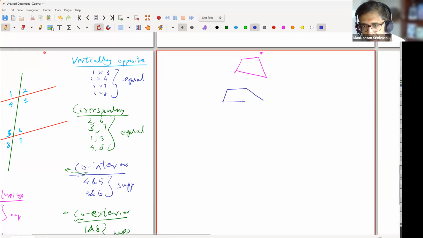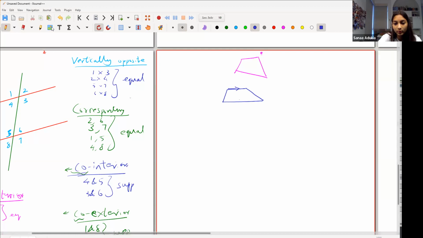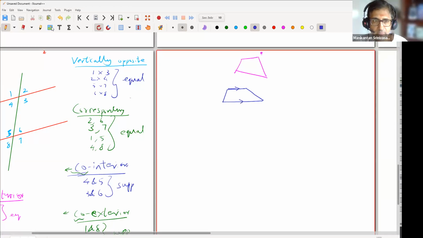Sana, can you define a trapezium? It doesn't have to be a textbook definition, but a naive word is fine. One pair of parallel lines. Yeah. A quadrilateral with one pair of opposite parallel sides, right? So that's a trapezium.